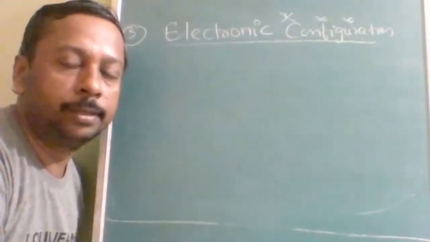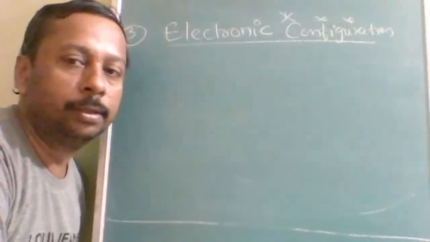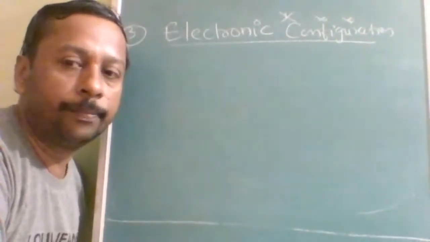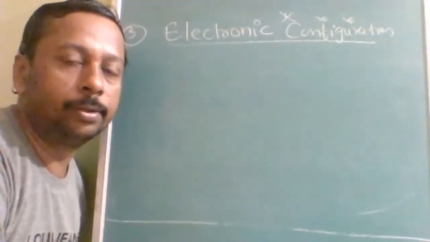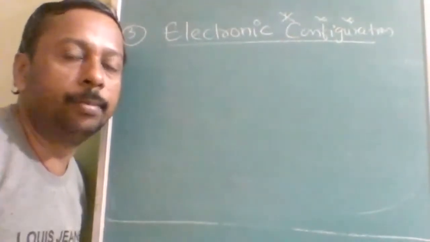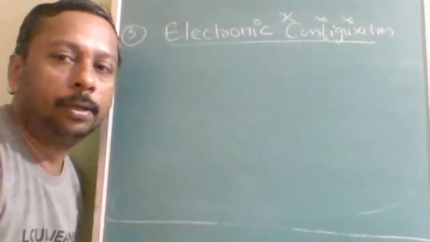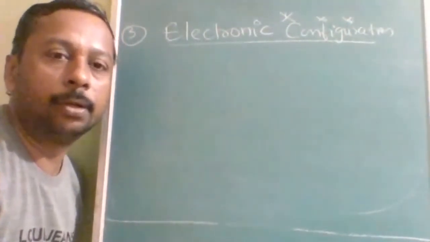Some rule says follow and some rule says don't do it. Electronic configuration rule is dominating over the other two rules. What are those two other rules? Nuclear charge and atomic size.